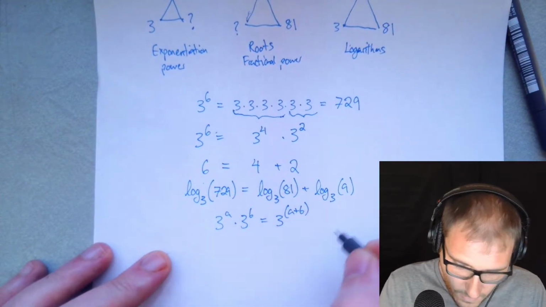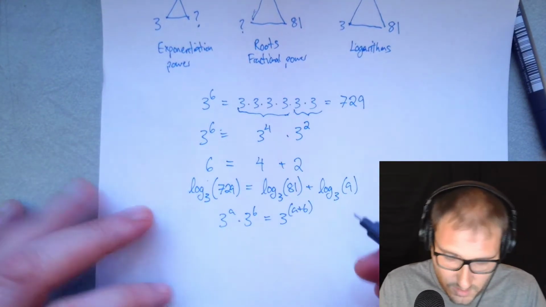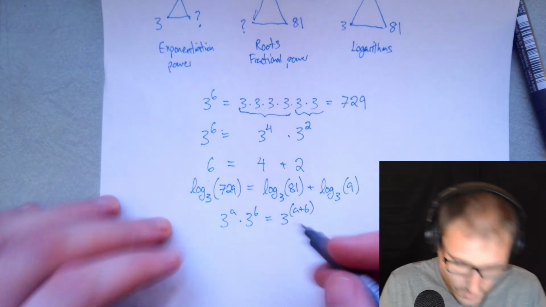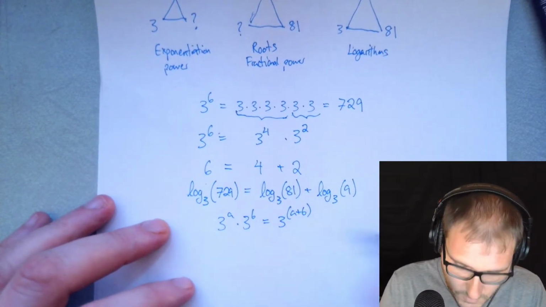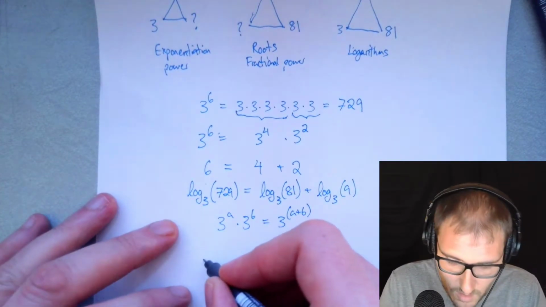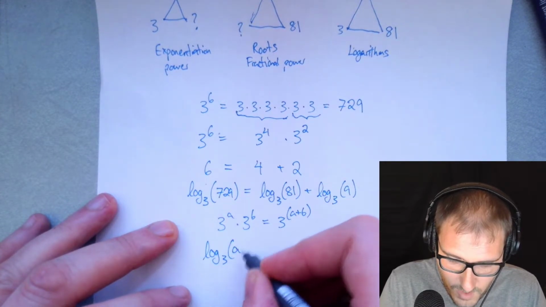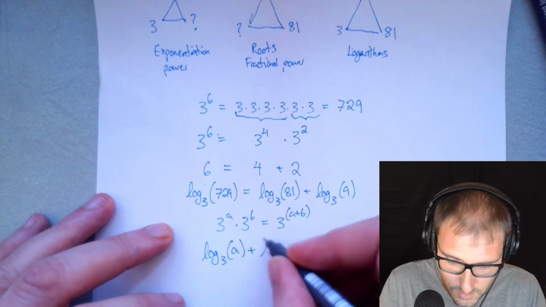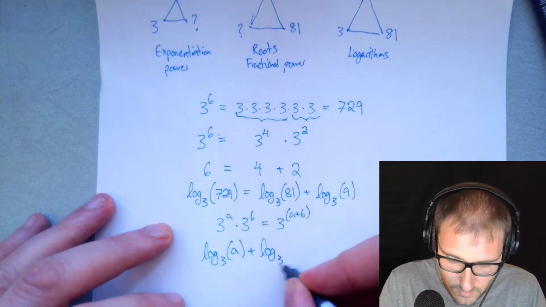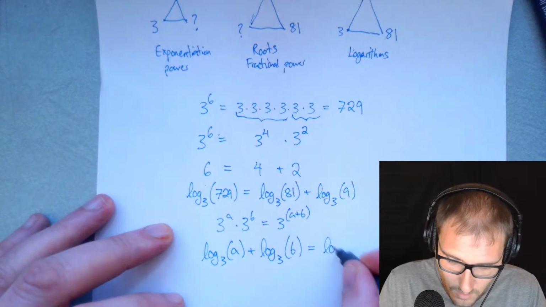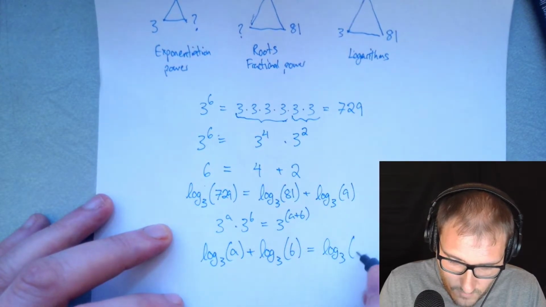And if you wanted to write this in terms of logs, the multiplications become additions. So you could say log base 3 of a plus log base 3 of b is equal to log base 3 of a times b.